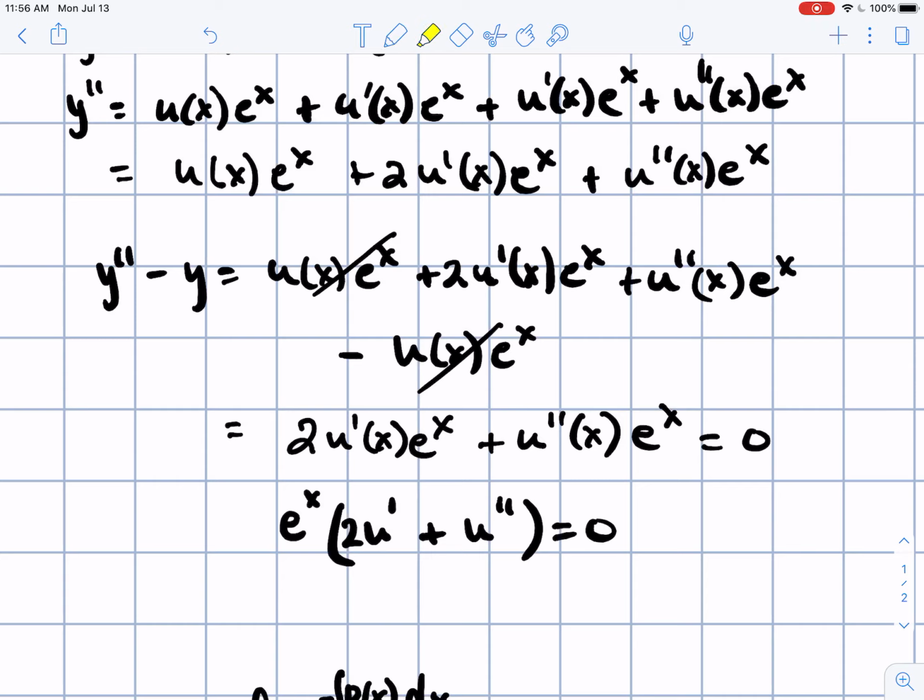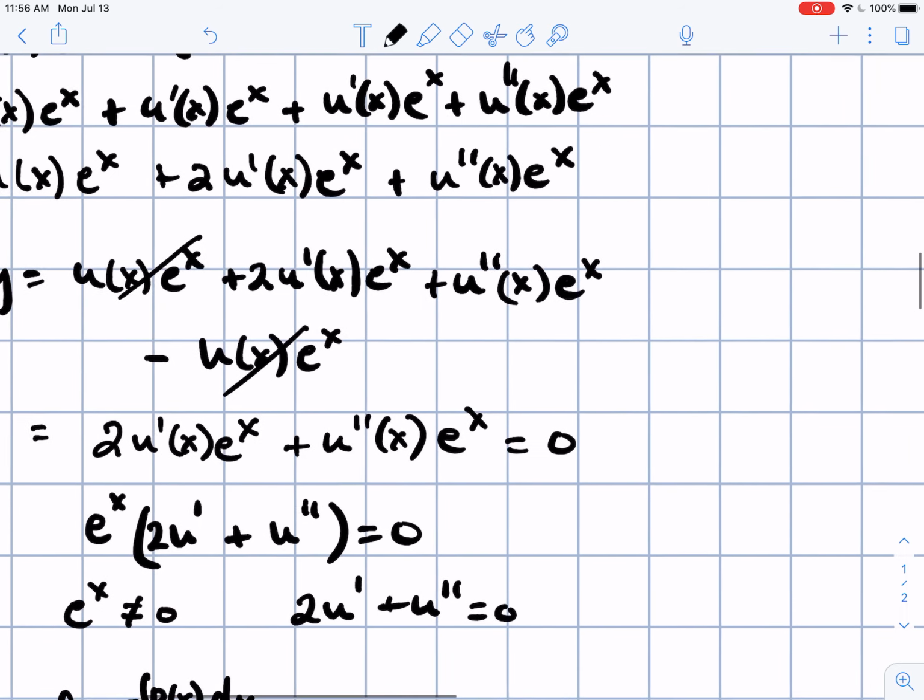You could keep the of x in there, but it's not a huge deal if you don't, because all I really want to do is solve this for u. So if you notice, e to the x can never be 0. So e to the x doesn't equal 0, but we know we could then solve this equation here.